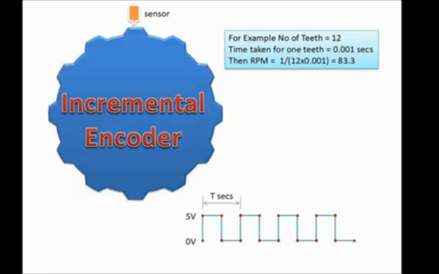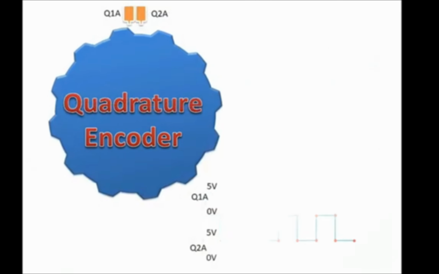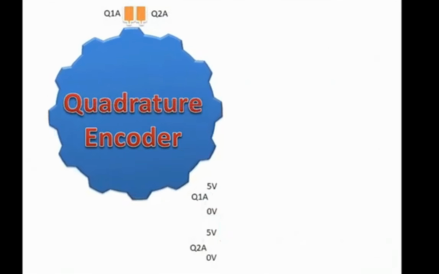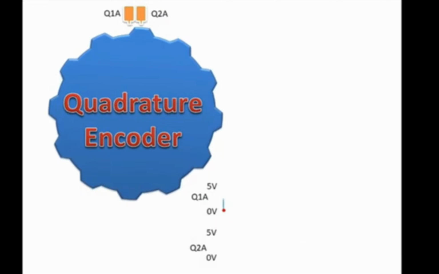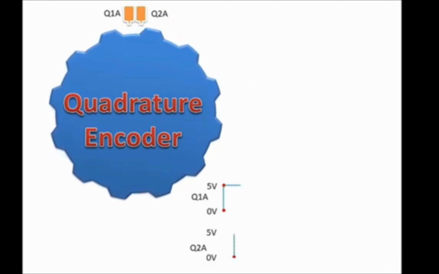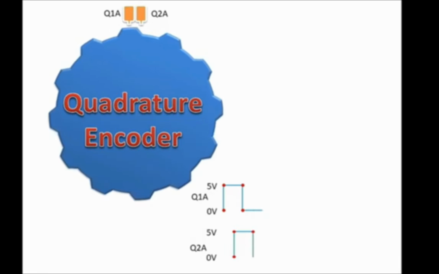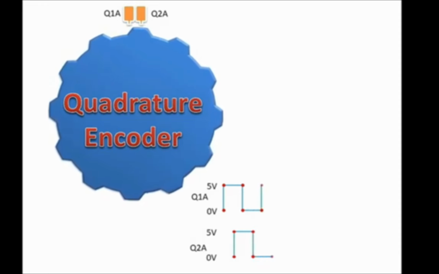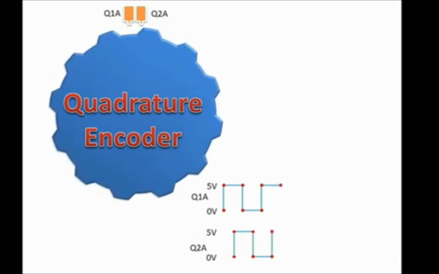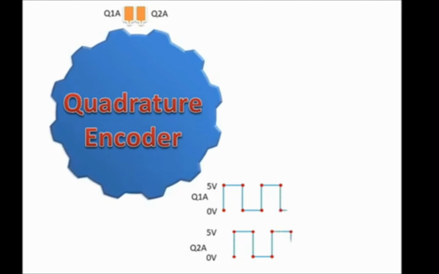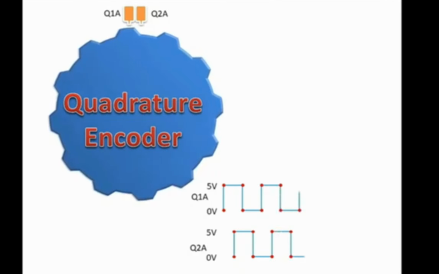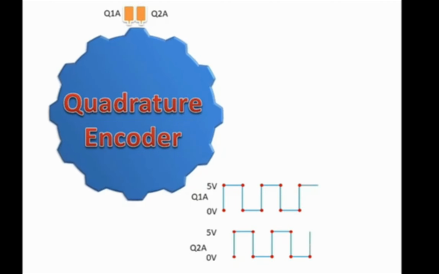For getting the direction, we need the next encoder, called the quadrature encoder, which has two sensors together as shown in the figure. Because of these two sensors together, we get two graph signal outputs like below, and you can see that sensor number 1 (A) is leading sensor number 2.